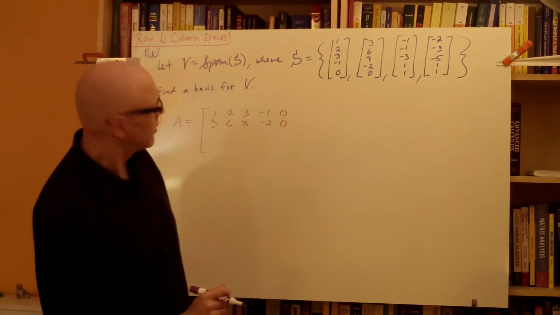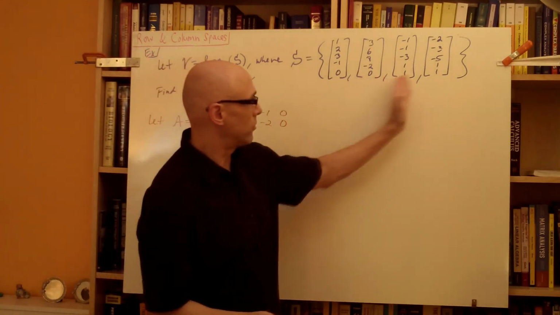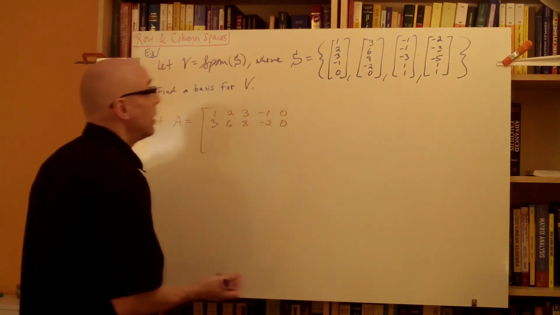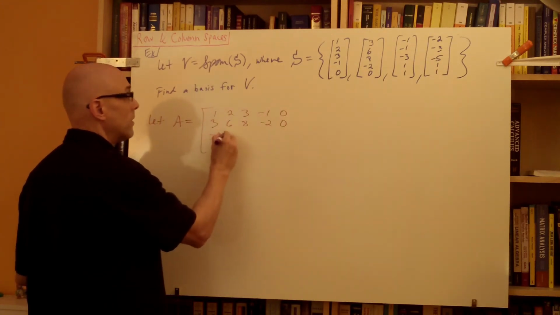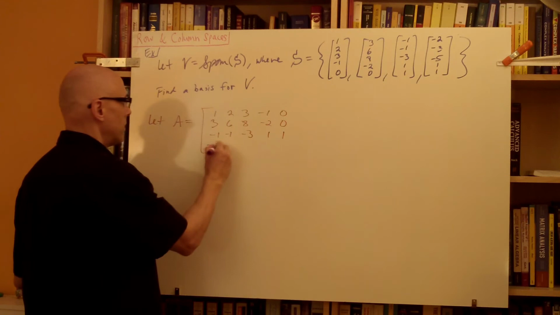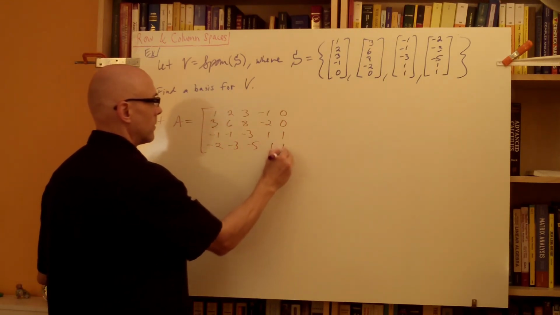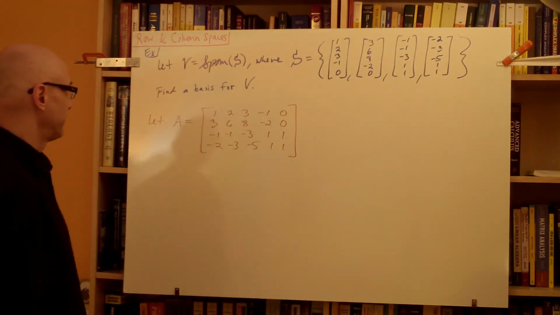No, it could be the third or the fourth row. I'm simply writing them down in the order they're written here; you could write them in any order, in fact. Then we have negative 1, negative 1, negative 3, 1, 1 for our third row, and finally our fourth row. And there we go.